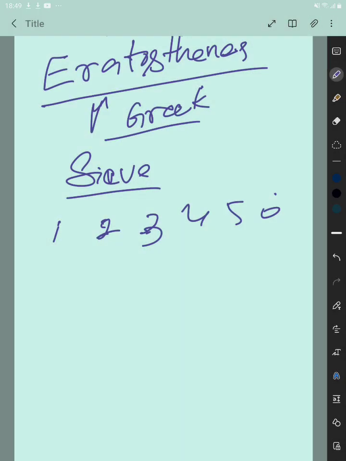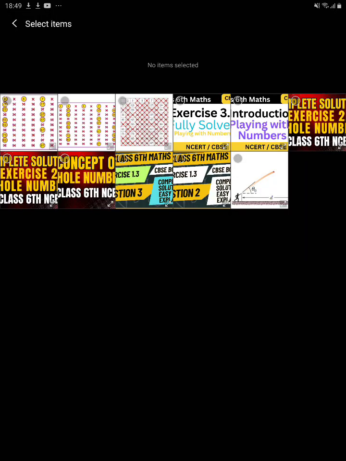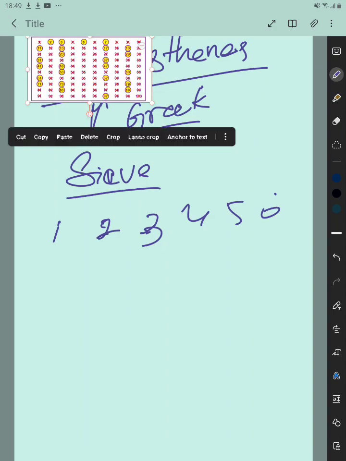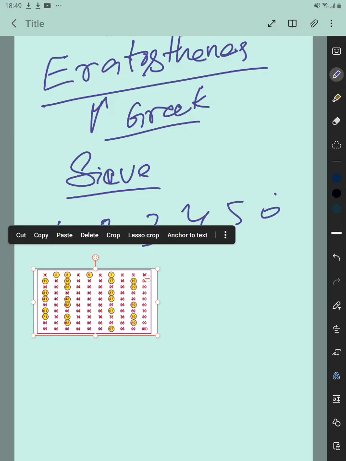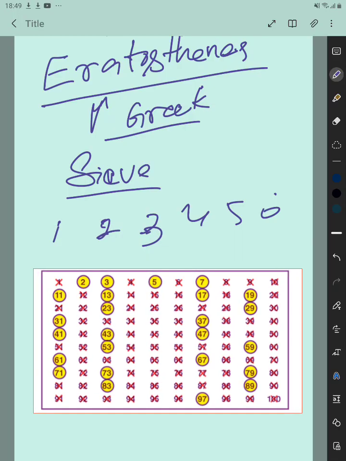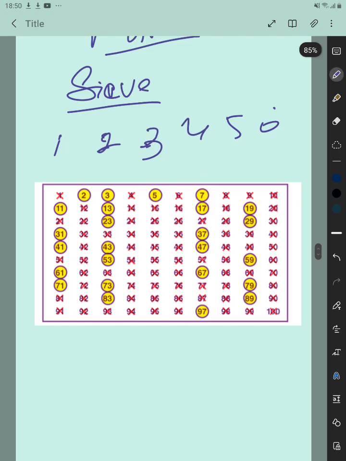Although it is downloaded from Google itself, let's try to find out and explain how it looks. This kind of table has been suggested as the method of the sieve.